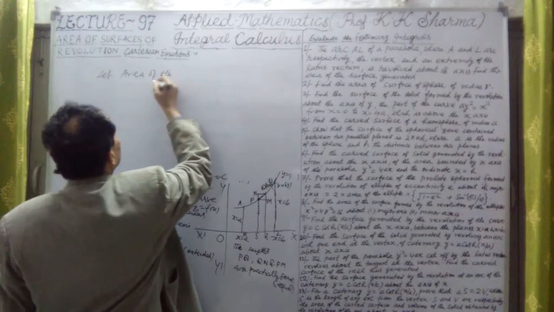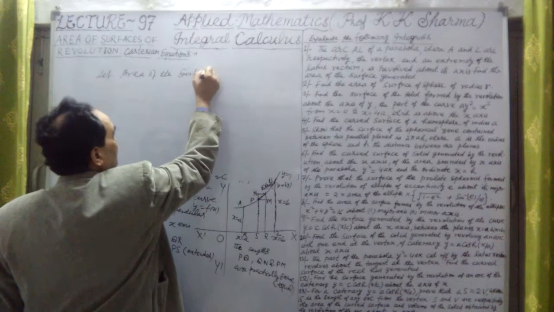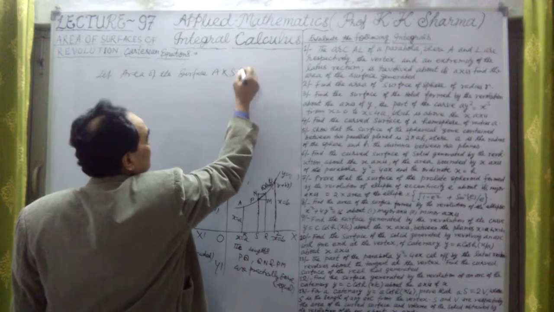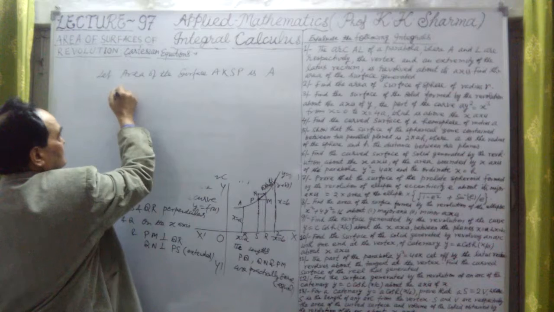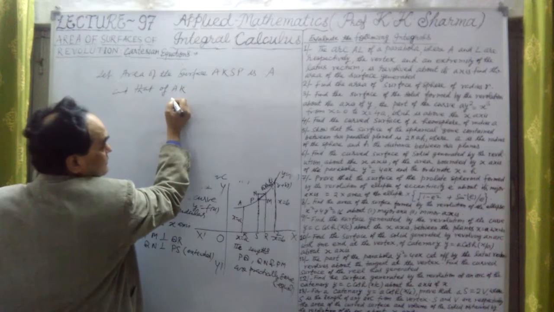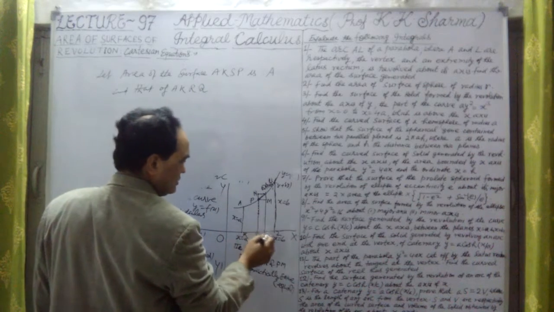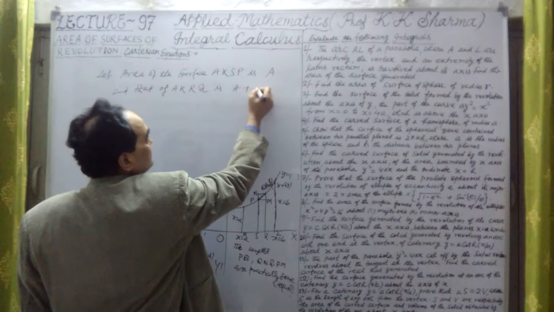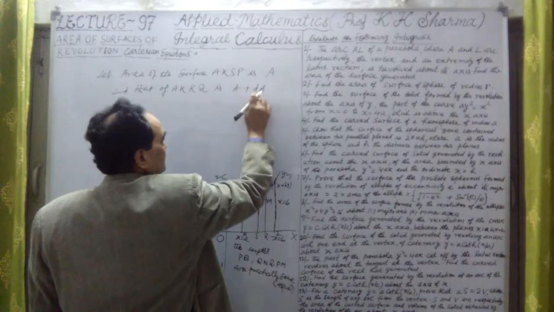Let the area of the surface AKSP be capital A, and that of AKRQ, this whole area, be A plus delta A. This is a minute bit bigger.